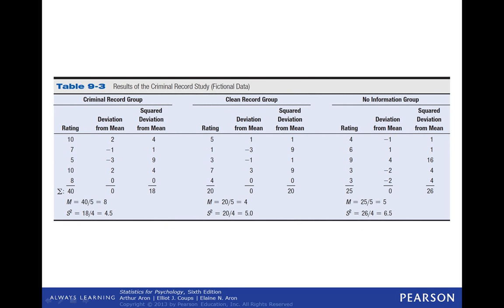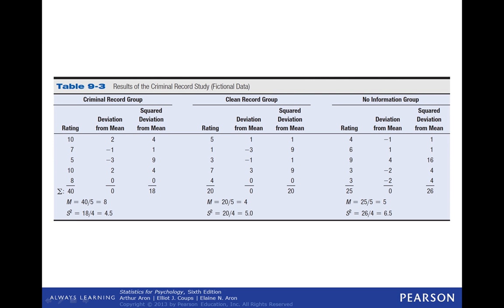So, our criminal record group, our 5 participants, had scores of 10, 7, 5, 10, and 8. Remember, 1 is believed that she is innocent, 10 believes that she is guilty. Our clean record group has ratings of 5, 1, 3, 7, and 4. And finally, the group that had no information gave ratings of 4, 6, 9, 3, and 3.